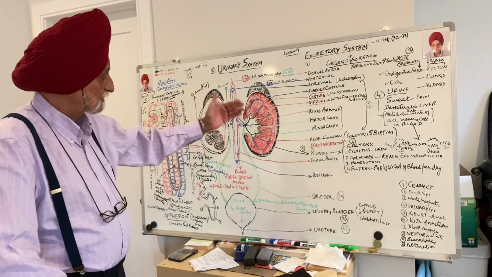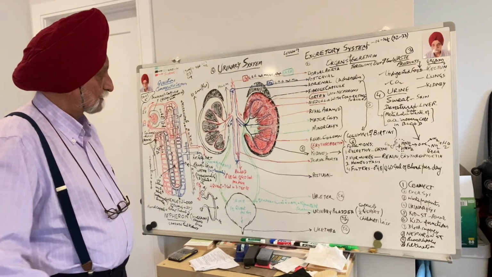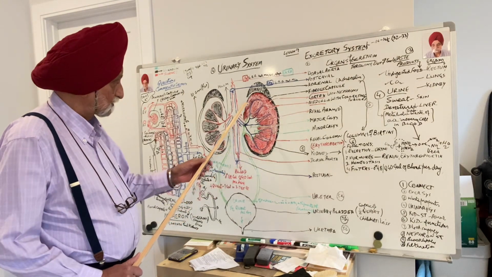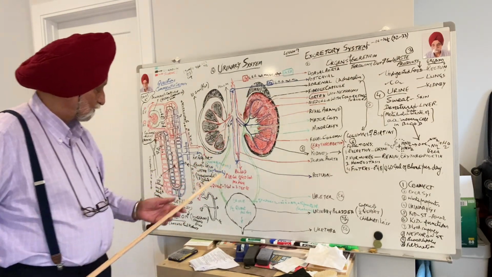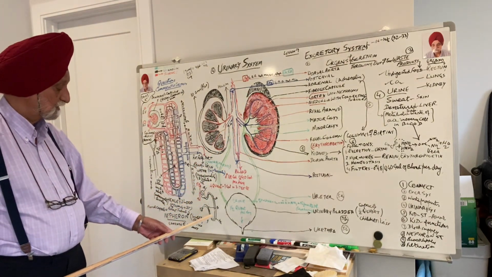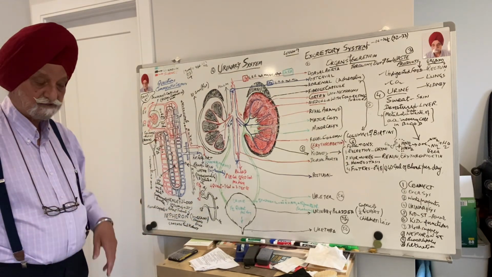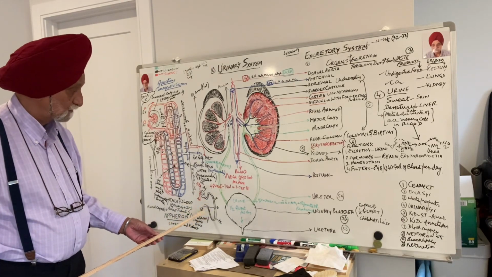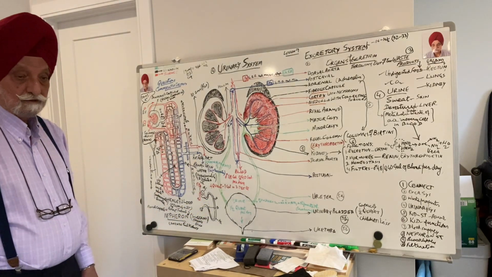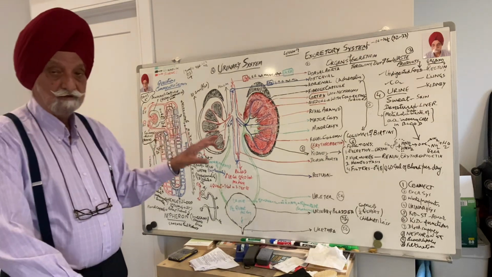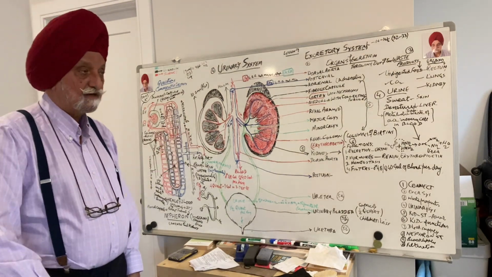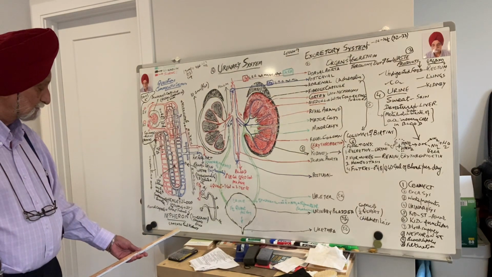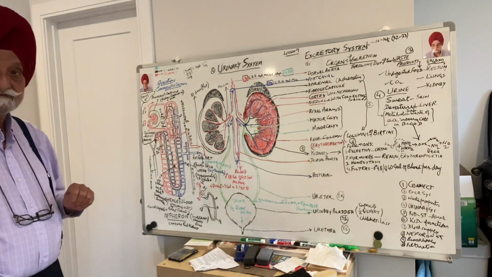Now, when we have got this section of the kidney like that, we see that in the cortical region, in the region of the cortex, there are some U-shaped structures. These U-shaped structures are called uriniferous tubules. Now, you will be amazed that there are nearly 1 million uriniferous tubules in one kidney.